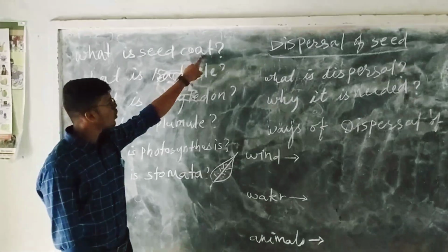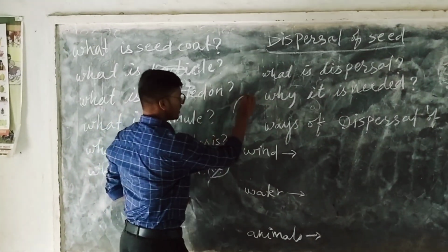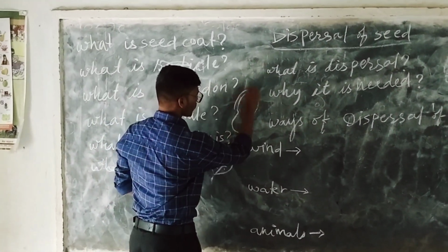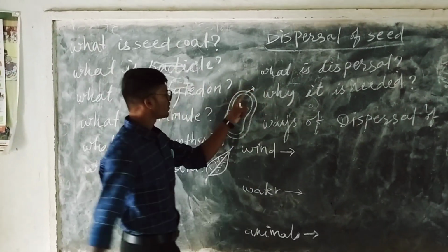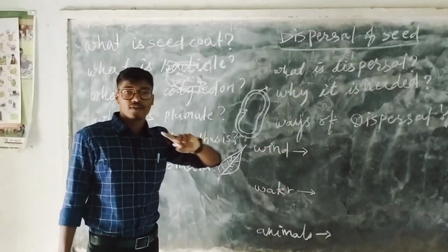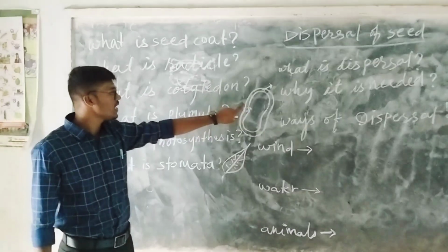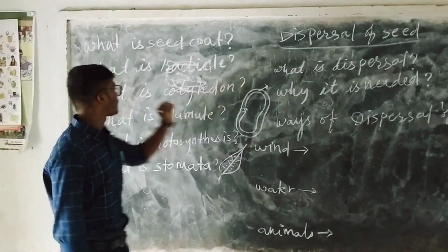Now, what is seed coat? I have shown you the structure of the seed. This is called seed coat. The outer covering of the seed is known as seed coat.